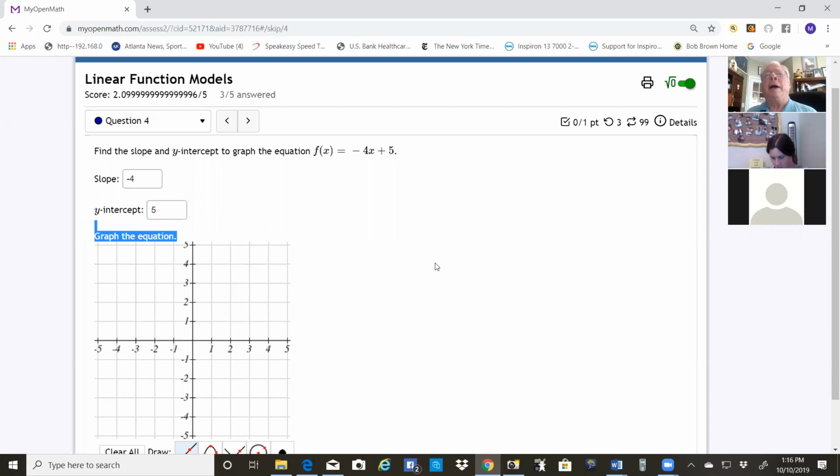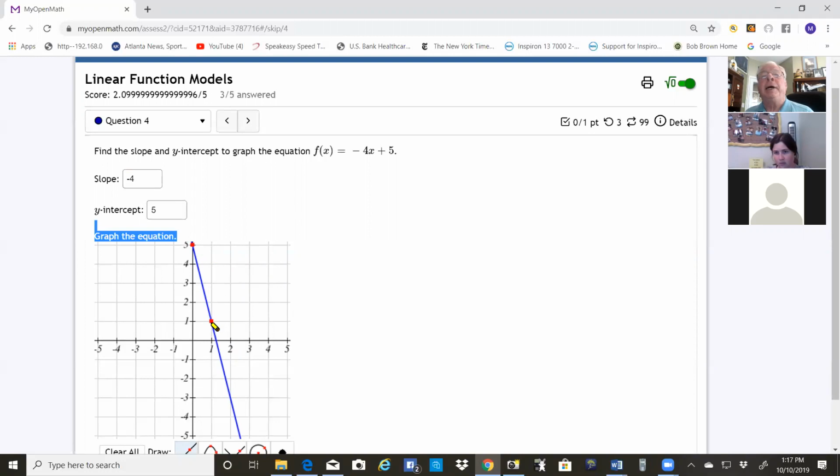And now we want to graph the equation. Well, the easiest way to graph it is to see that the y-intercept is 5. So I'll go right up here. And I want to put the next point so that it will have a slope of minus 4.